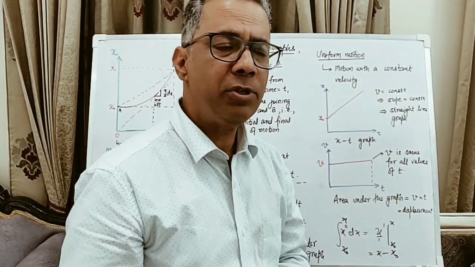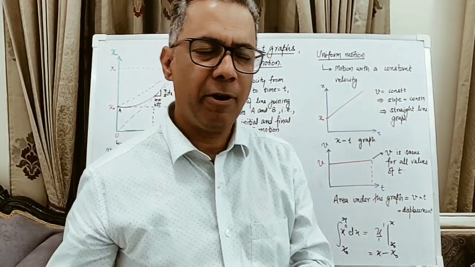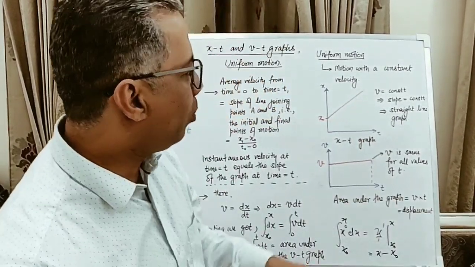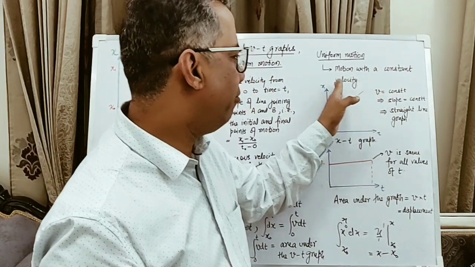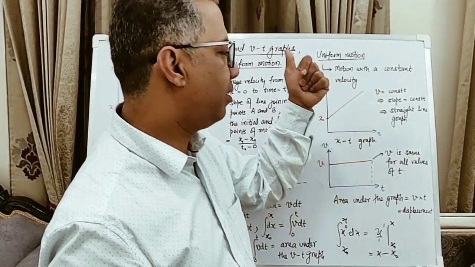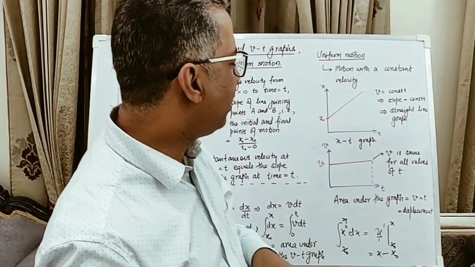Essentially uniform motion is motion with a constant velocity, and if velocity is constant, then in equal intervals of time displacements will be equal. So the simpler way of expressing uniform motion is calling it motion with a uniform or a constant velocity.